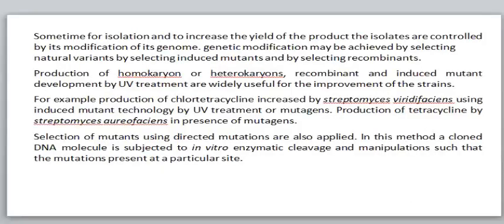Sometimes homokaryons and heterokaryons are also produced. Recombinant technology is also used, and UV treatment. Thereafter, certain genetic manipulations are performed so that the most efficient strain can be isolated.